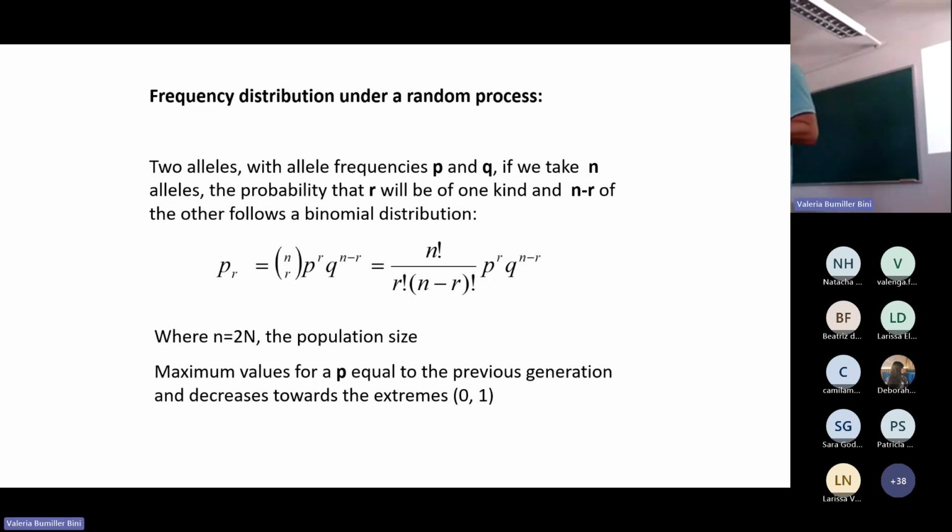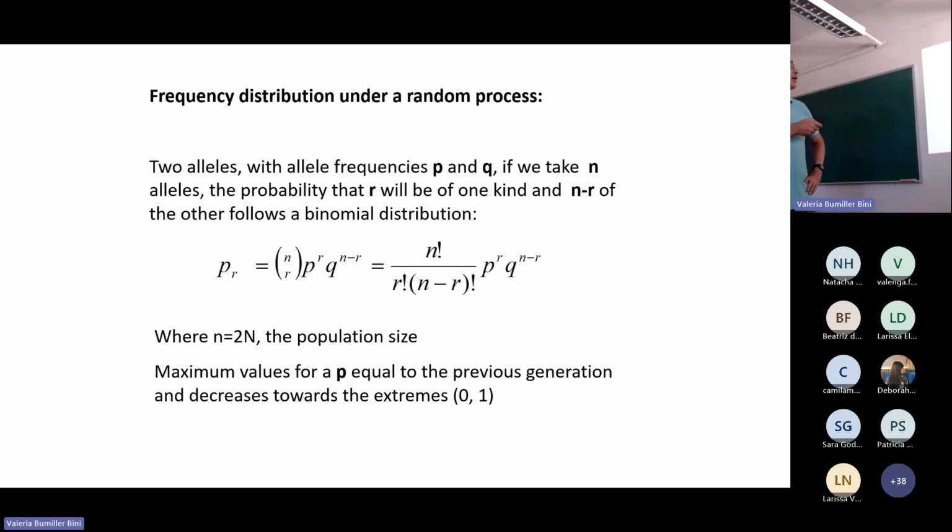This is the distribution that will describe what we just saw about the black balls and the red balls, and it's easy to demonstrate that if we have allele frequencies P and Q, where P plus Q equals 1, we have just 2 alleles, matching your regular SNP, and we take n alleles, a sample of n alleles.